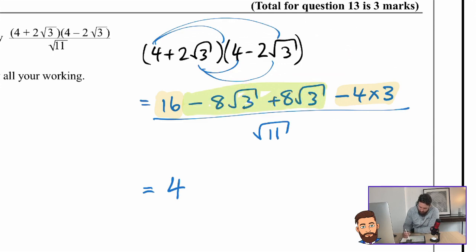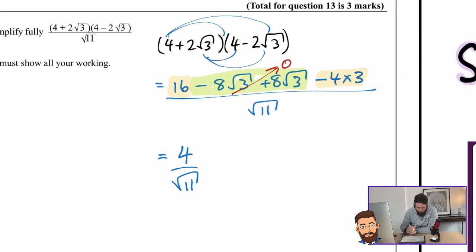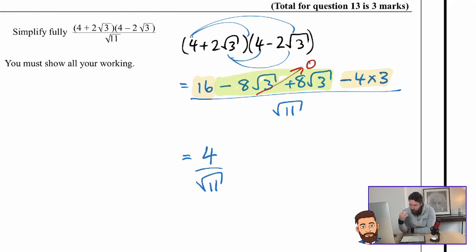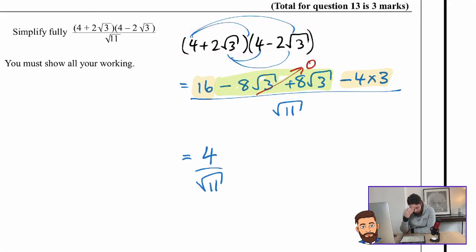That in fact goes to 0. That cancels each other. So that's 0. So that's gone. So we're left with simply 4 over root 11. Which is nice. It's nice to see all of that horrible looking numerator simplifies just to 4. And if you're unsure, you can put that in your calculator, make it look like the double brackets in your calculator, and it will simply give you 4.